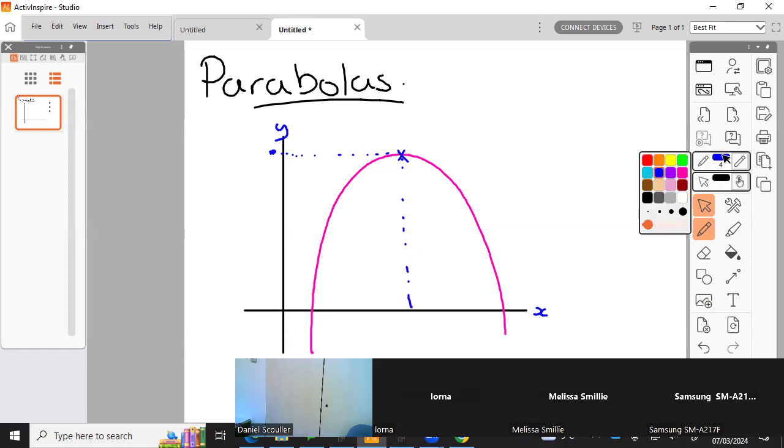Now an example where this could be used is quantity of medication. So if the x-axis along that bottom axis was an ever increasing amount of medication, then there's a perfect amount to give someone for it to be most effective.